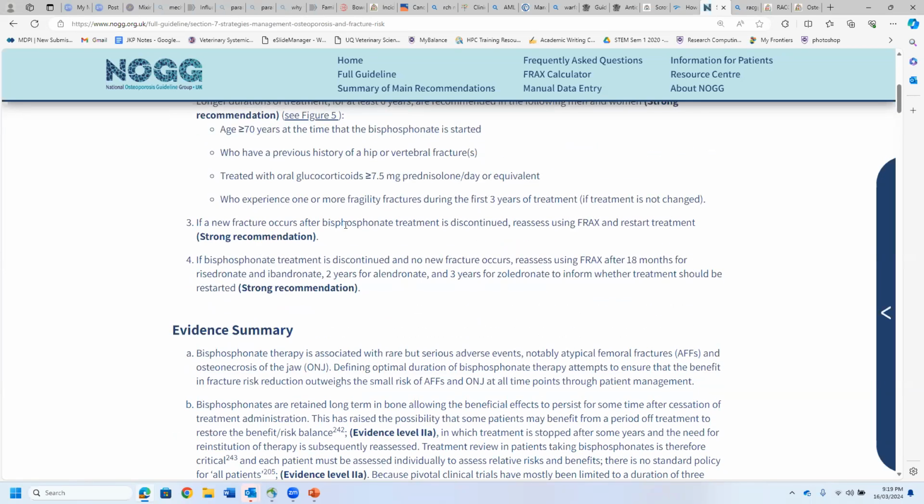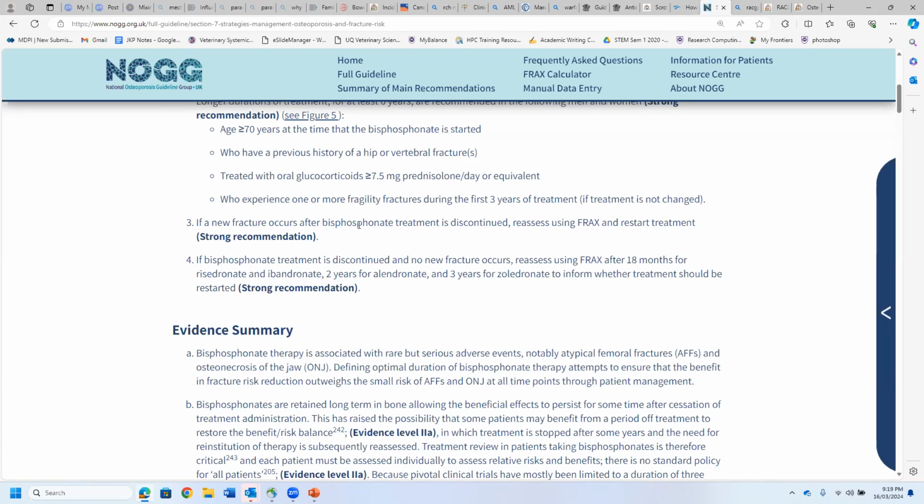If new fractures happen after starting bisphosphonate treatment, the treatment is discontinued. We reassess the risk by doing a DEXA scan and see if the score is still in the osteoporotic level and start with the second line bisphosphonate agent.